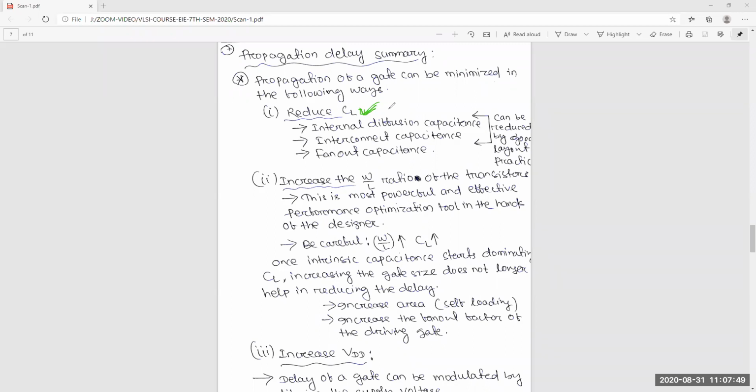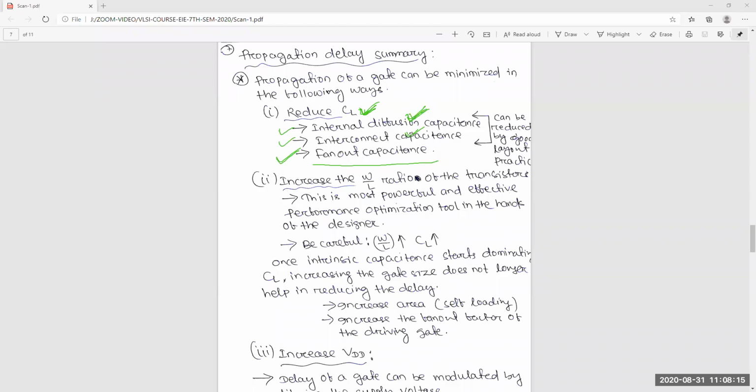So how will we reduce that? This CL is composed of 3 things: internal diffusion capacitances, interconnect capacitances, then Miller capacitances. I already said these things are not in your hand, but these 2 things we can reduce. By proper design, using less diffusion area, we can reduce these capacitances.